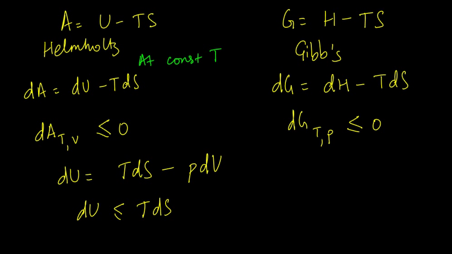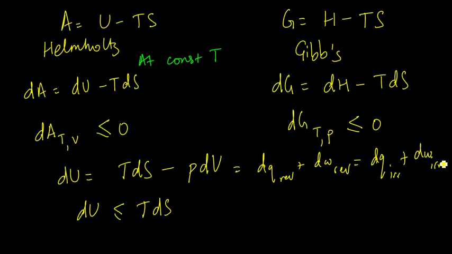Remember, it does not matter whether I do it reversibly or irreversibly, the total change is the same. So I can write dU is equal to dq reversible plus dw reversible, and it's equal to dq irreversible plus dw irreversible, right?